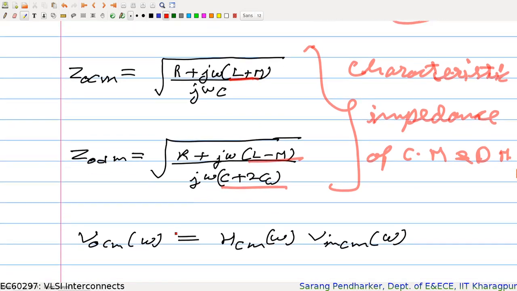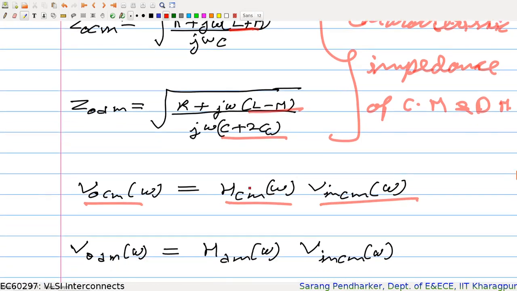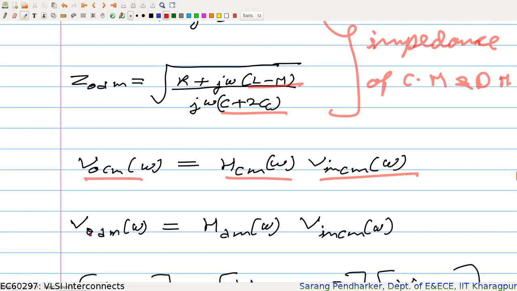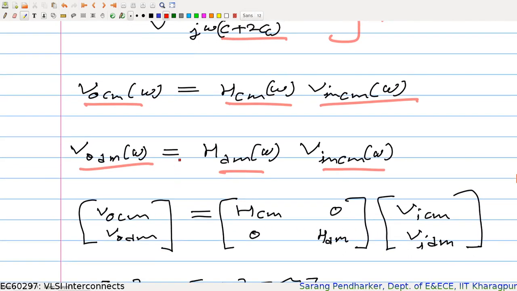So for example, you can get V out of common mode as H common mode times I in common mode for the common mode case, and similarly for the differential mode you can do that. You can again write these things in terms of an equation, right? You will have H common mode, H differential mode.